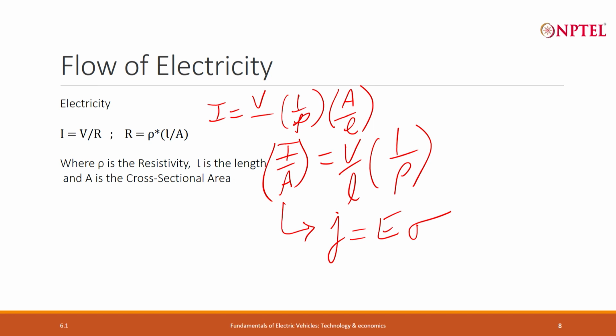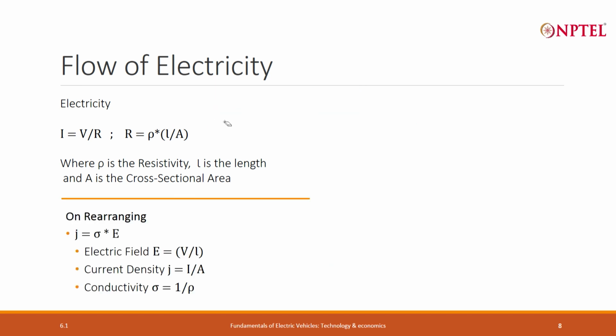Now, the nice thing about this equation is that this allows me to compare different materials. I can take aluminum, I can take copper, I can take steel and compare, and I will know which is a better conductor and which is not. So, this is the rearranged form of Ohm's law, where I have taken the geometry away. The electric field is V by L, the current density is I by A, called J, and 1 by rho I am calling the conductivity.